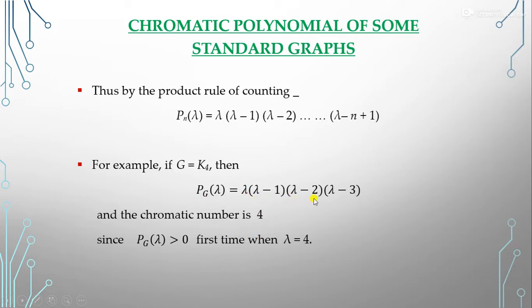When we put lambda equal to 4, we get a positive number. If we put lambda equal to 3, it becomes 0. If we put lambda equal to 2, it becomes 0, right? If you put lambda equal to minus 5, it will again be greater than 0, but the first time it becomes greater than 0 is when we put lambda equal to 4.